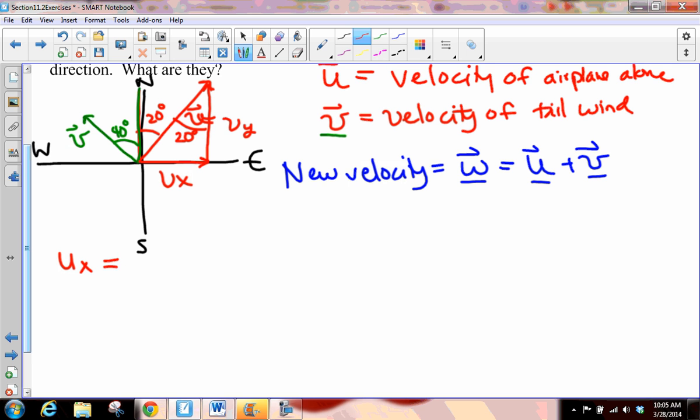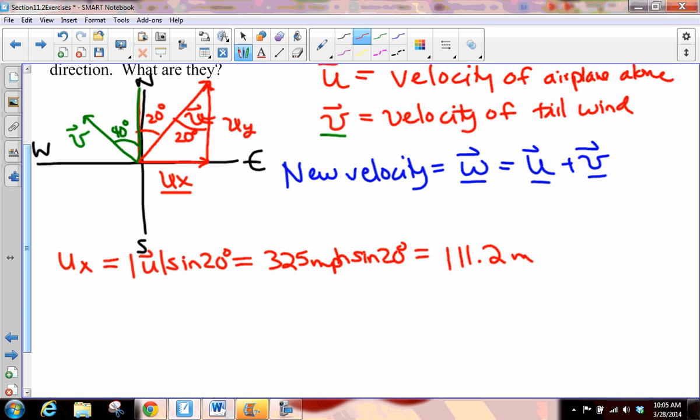Then I know that ux is going to have to be the magnitude of u, and in this case, it's going to be times the sine of 20 degrees because ux is opposite of my 20 degrees. So this is going to give me 325 miles per hour times sine 20 degrees, which is going to give me 111.2 miles per hour.